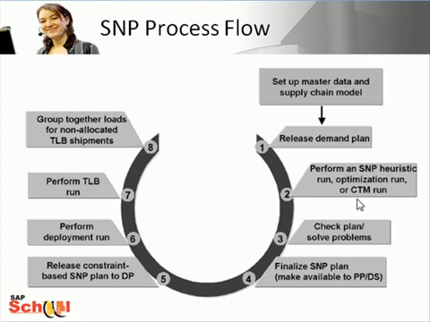You check the alerts after the SNP run and solve any problems that have occurred. The final SNP plan consists of stock transfers and planned orders. You can automatically convert SNP planned orders into PPDS planned orders within the production horizon.